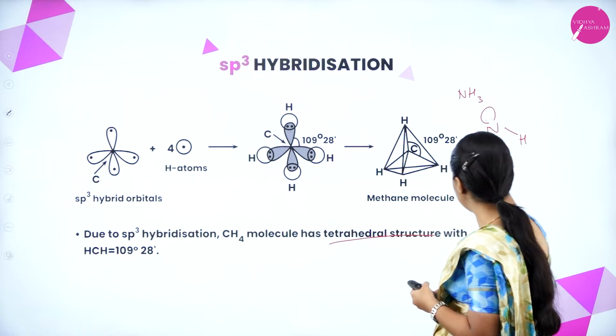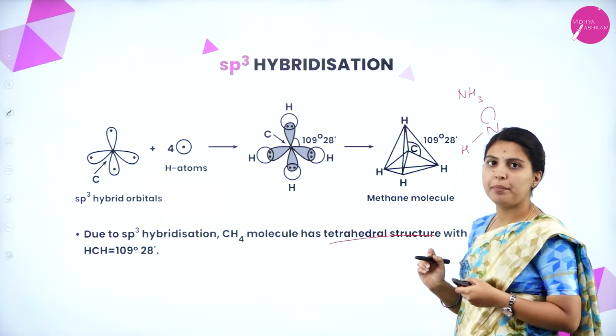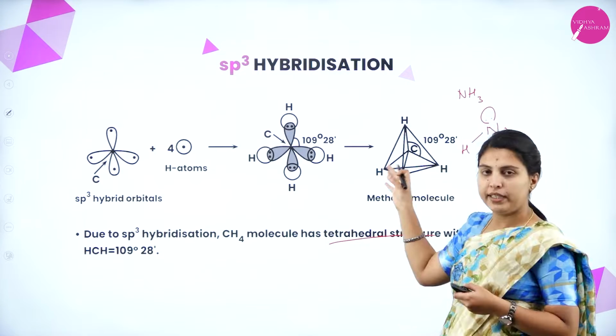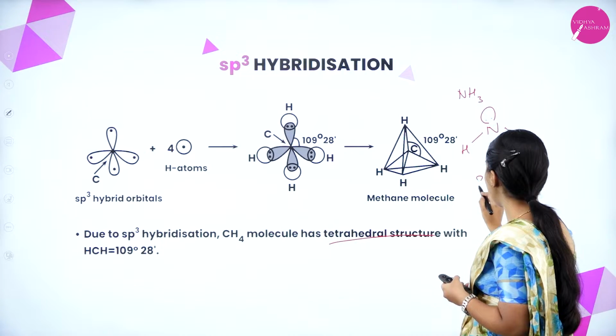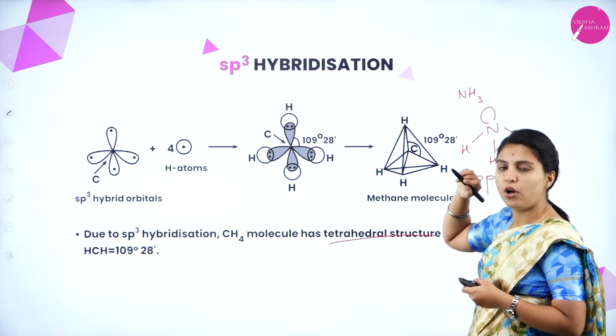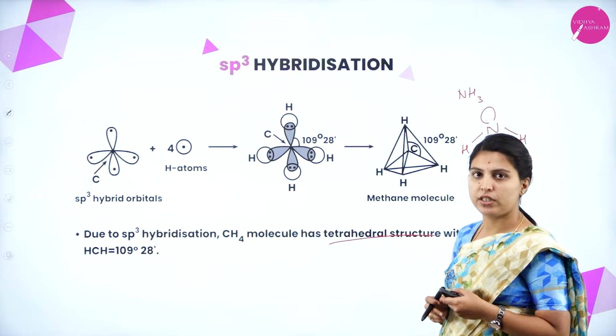Otherwise it should form a tetrahedron structure, since it is having sp3 hybridization only, but due to this lone pair of electrons present, it will form a trigonal pyramidal structure.